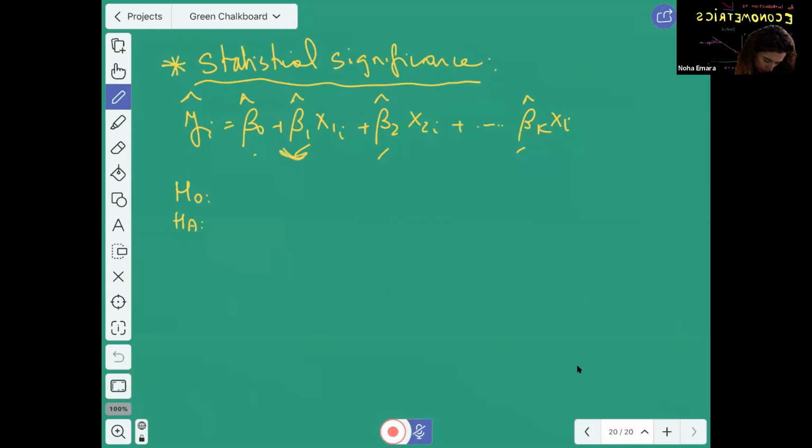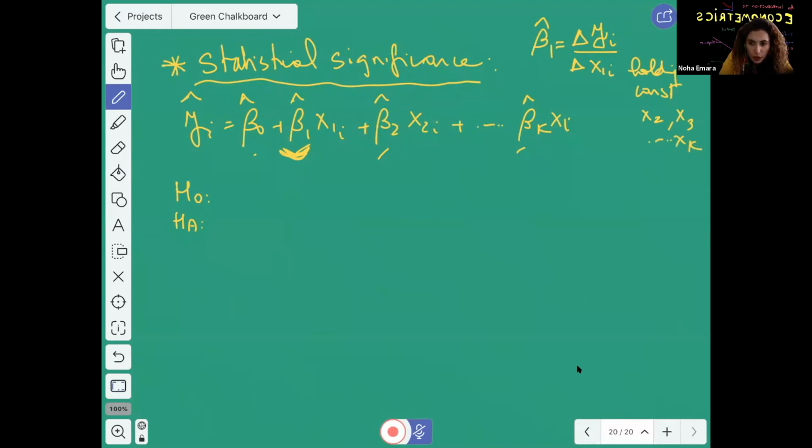Suppose that I'm going to test the impact of x1. I know that beta hat 1 is measuring the change in yi because of the change in x1i, holding everything else constant: x2 and x3 and everything, xk.